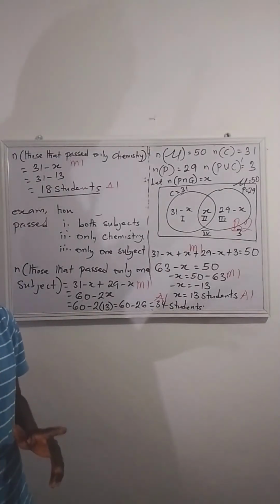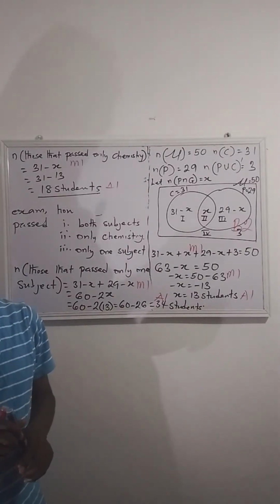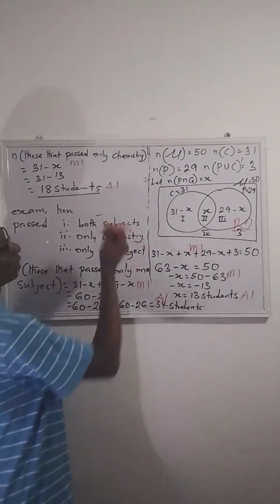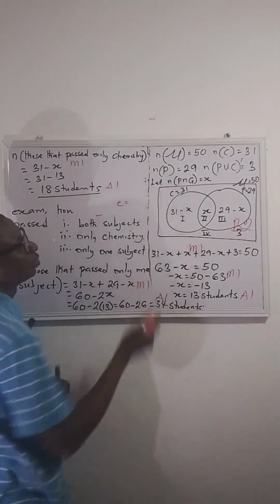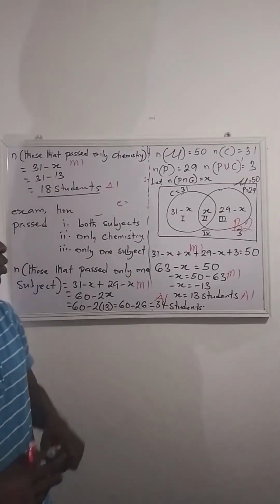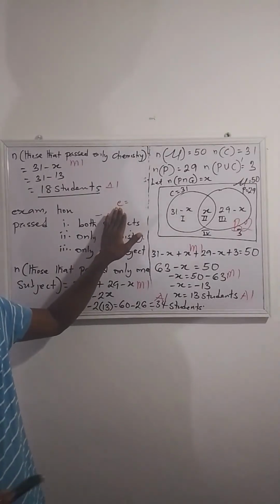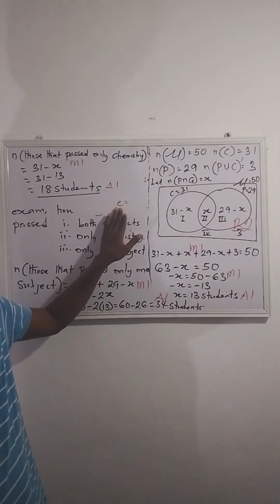And there's one important thing I want to say. I've already said that earlier. You don't represent set with small letter. You cannot say, okay, let e be the set of those that passed chemistry or something. So don't use small letter to represent your set. If you do that, you are going to be marked down. You'll be flagged.